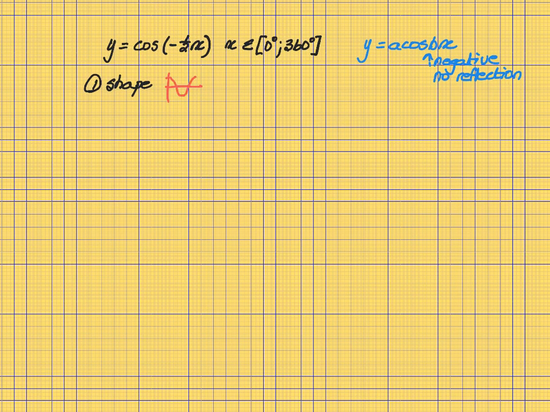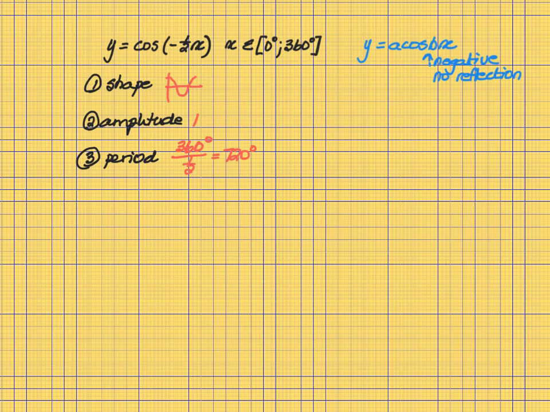Then the next thing is the amplitude. The value of a is equal to 1, and so the amplitude is 1. The period this time is 360 degrees, the normal cos function, and we're going to divide it by a half, and I'm not going to spend time on that now. It's 720 degrees.